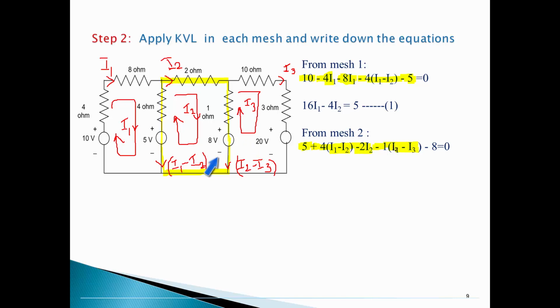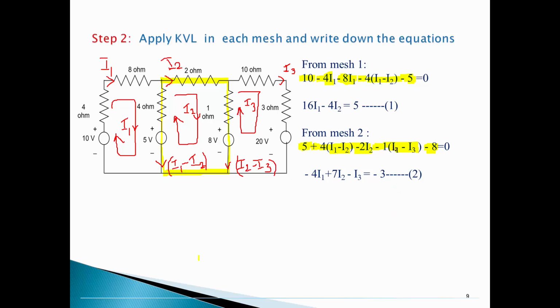Then don't forget I have one more voltage source here, loop current 2 leaving the negative of the voltage source, so obviously minus 8. Then equate it to 0 and rearrange the equation. We make it minus 4I1 plus 7I2 minus I3 is equal to minus 3 as equation number 2.